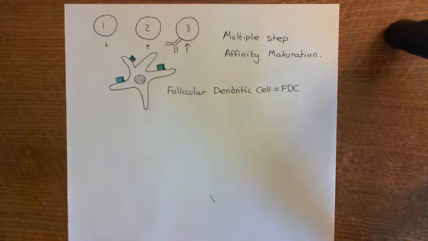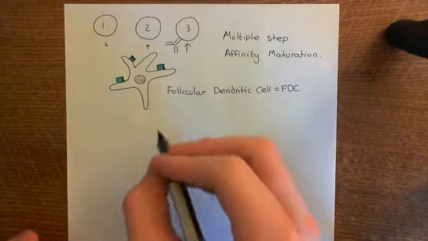Right, so what happens next? Well, B cells can start to come out of the germinal center. In the germinal center, what is gradually happening is this affinity maturation process, which goes round and round in circles, and you're just getting gradually more and more higher and higher affinity B cell receptors in that B cell population. Now, what will eventually happen is some of these B cells in the germinal center will differentiate into what are known as plasmablasts.